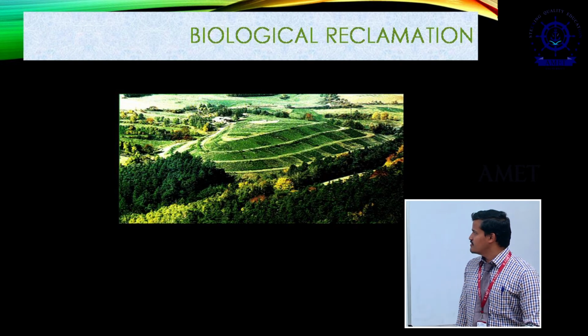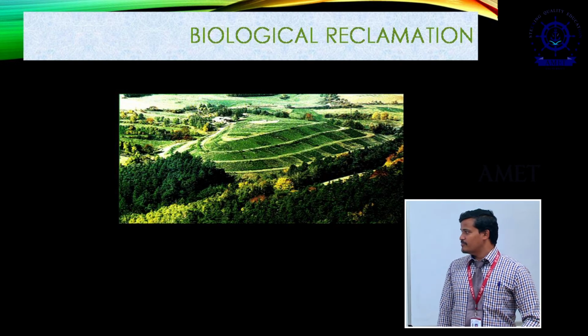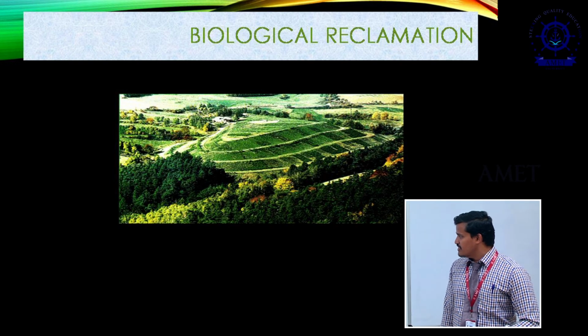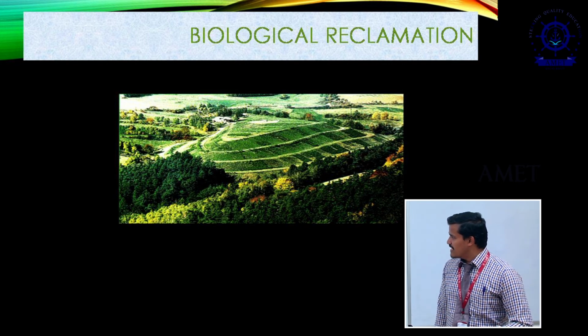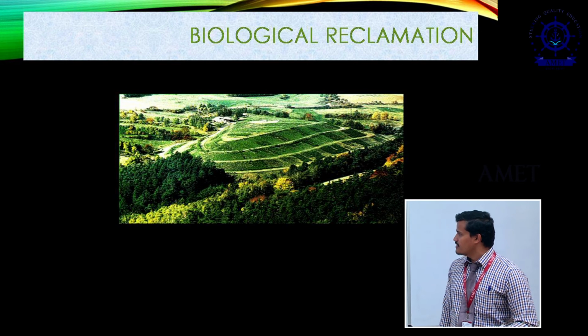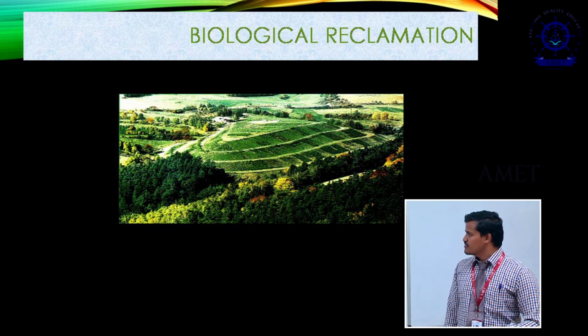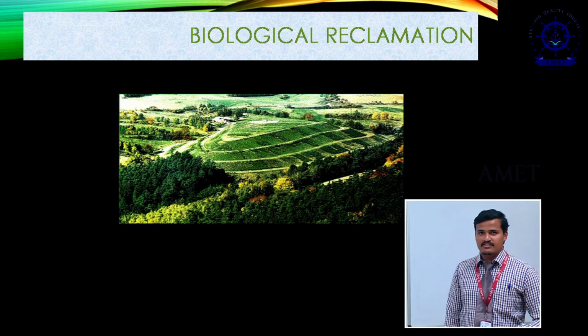As you can clearly see, this is one of the biologically reclaimed areas. There are 3 waste dumps, and plants and trees have clearly grown on them. This is a typical example of biological reclamation.